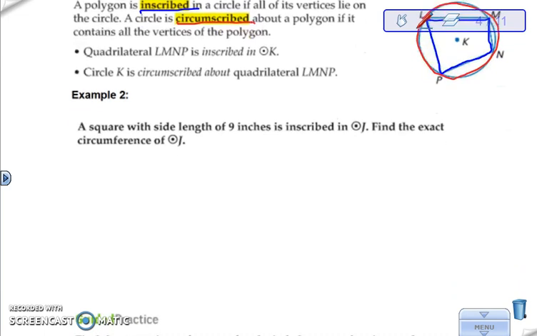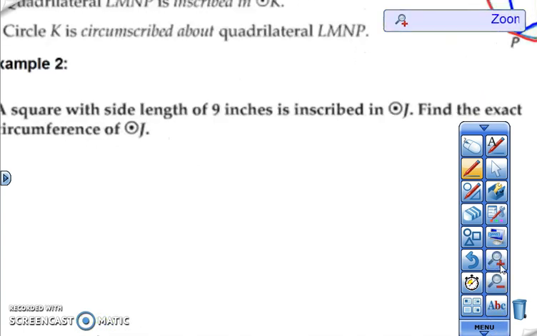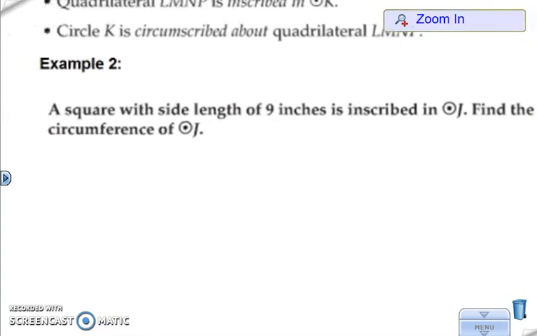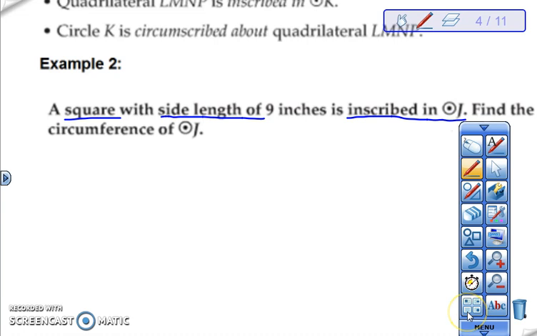So in our example, they're describing a picture to us. We have a square with a side length of 9 that is inscribed in circle J. So the square is going to have to go on the inside. Here's our square.